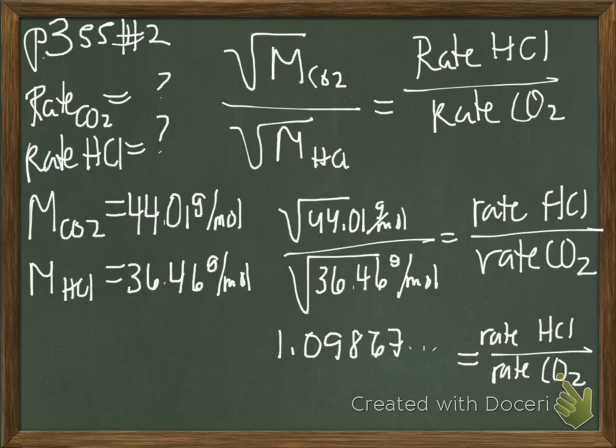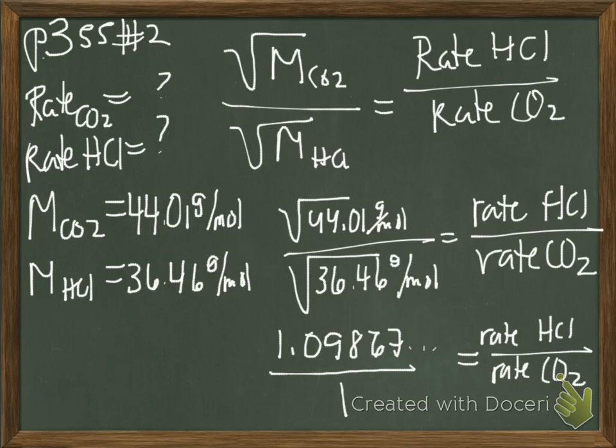But that's two things, and this is only one thing. How is this possible? There are two secrets to this. One is to remember that under every whole number is an invisible 1. So what we're saying here is that if the rate of CO2 is 1, the rate of HCl is 1.0986 times that.